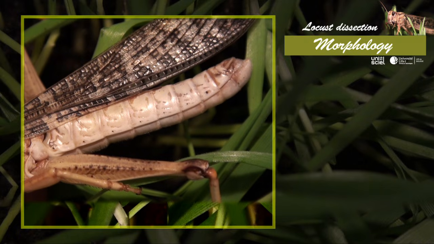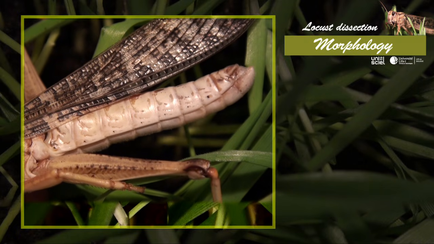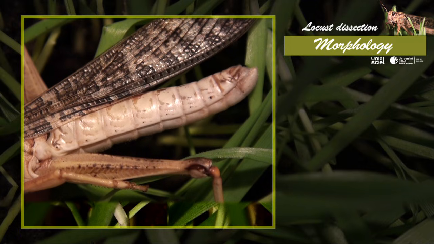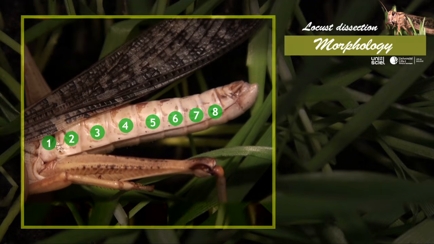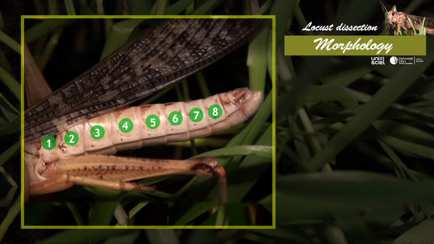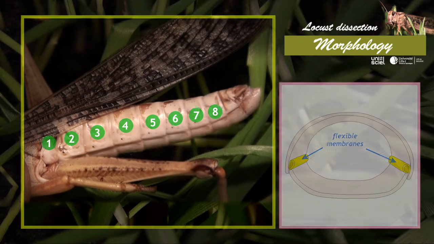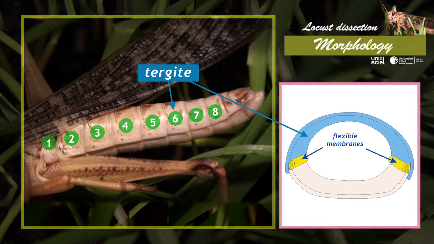The abdomen is divided into 11 segments and presents a sexual dimorphism at the end. The first 8 segments are identical in both sexes. Each segment is composed of a tergite and a sternite. Pleurites are absent.